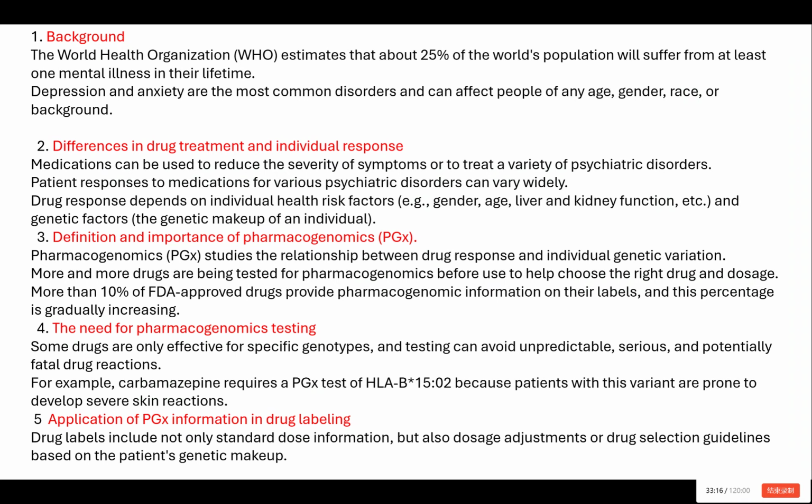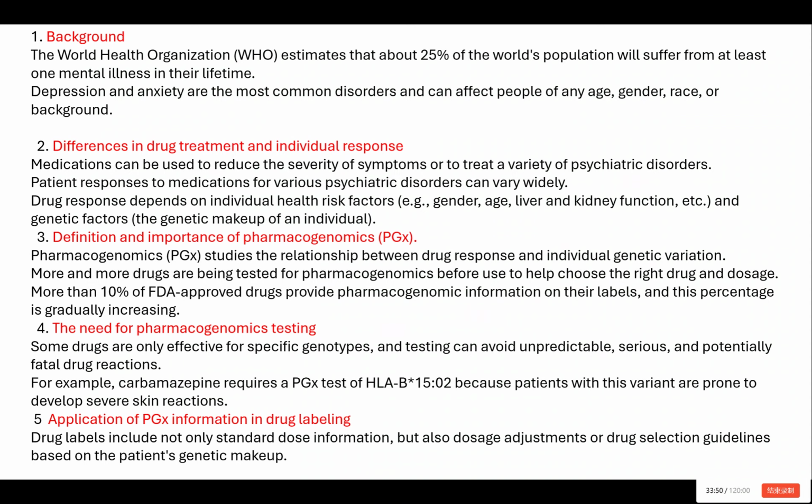The need for pharmacogenetic testing: some drugs are only effective for specific genotypes, and testing can avoid unpredictable reactions and potentially fatal drug reactions.